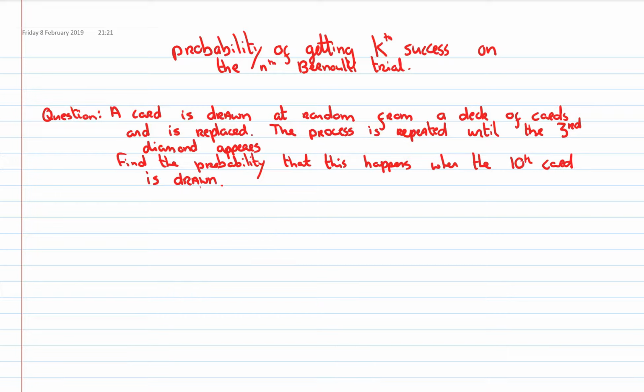So in this case we have our 10th pick, but we're going to concentrate first on our first 9 picks, and then we're going to look at our last pick, which is the 10th. We look at the probability of getting 2 diamonds in the first 9.